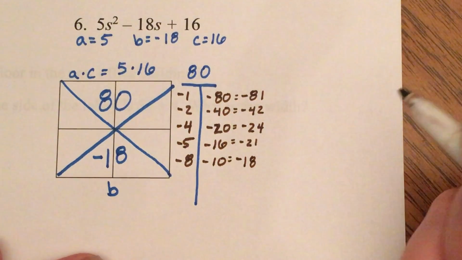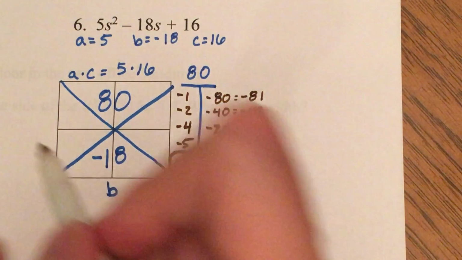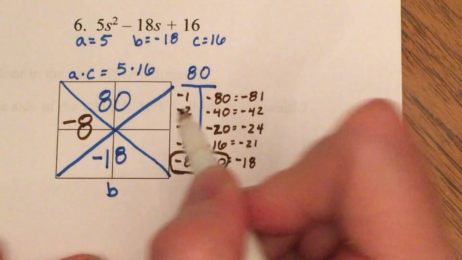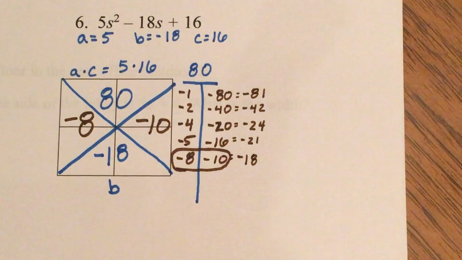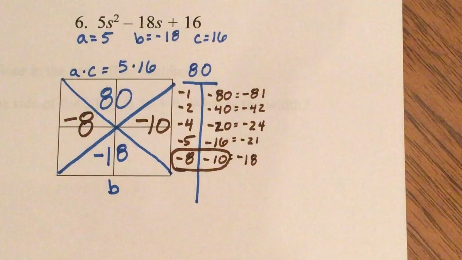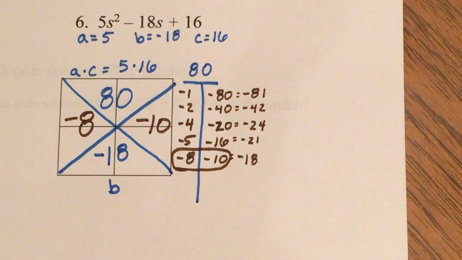Nice. Which pair are you going to use? Excellent. -8 and -10. Okay, we've done the hard work. Now we need to just build the binomials. And we have to remember to divide by a. We got this.